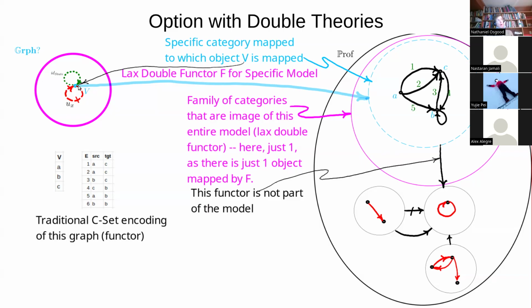And so if we have a pro arrow from one object to itself, say from V to itself over here, in this double theory, it turns into a profunctor from that category to itself.